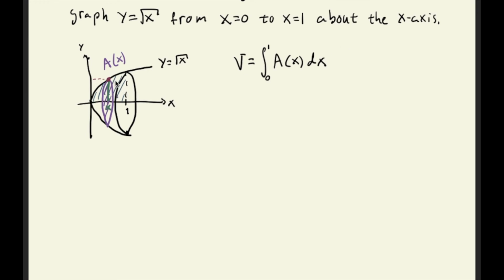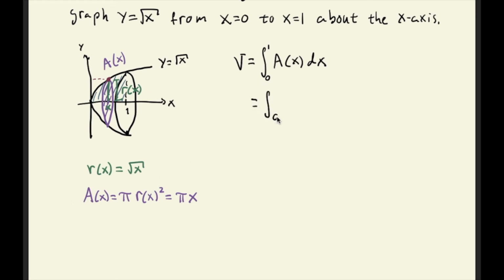So if this length here is little r of x, then the radius of that circle is root x, and the area is just pi radius squared, which is pi root x squared, which is pi x, right? So that's the formula for the area of the cross section.